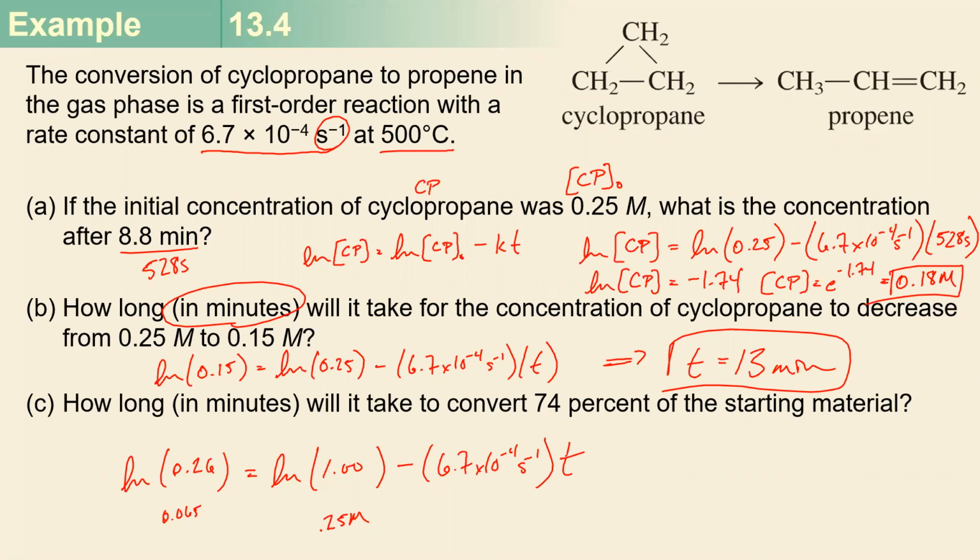And so in part B, we got rid of just 40%. And now we're going to get rid of 74%. And so it should take even longer.